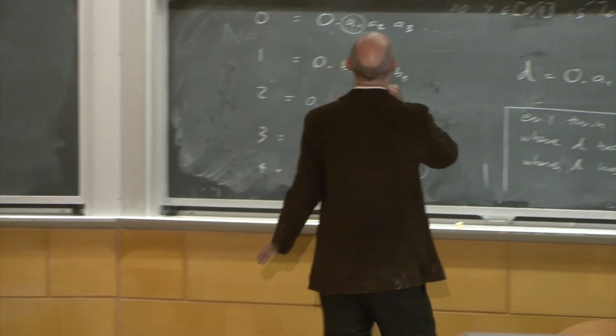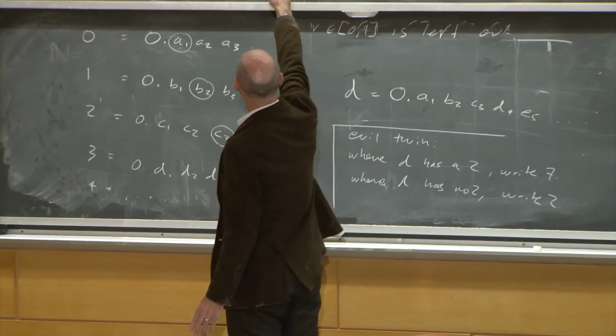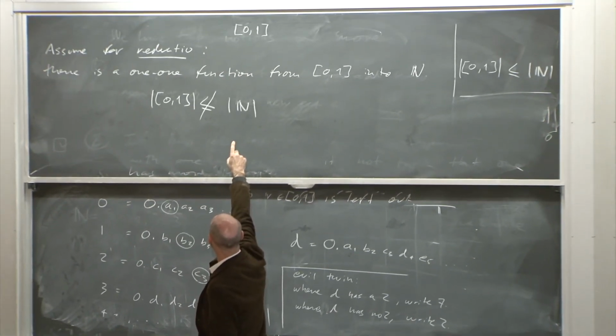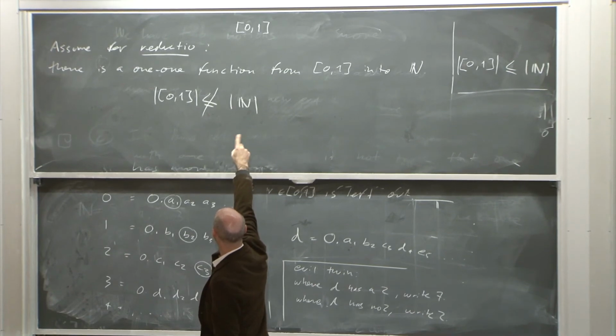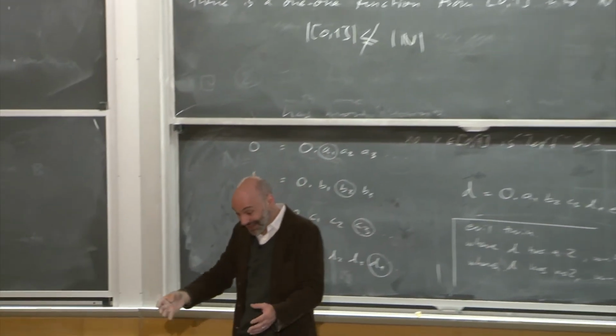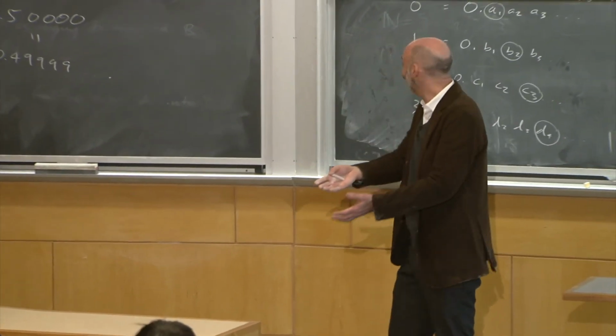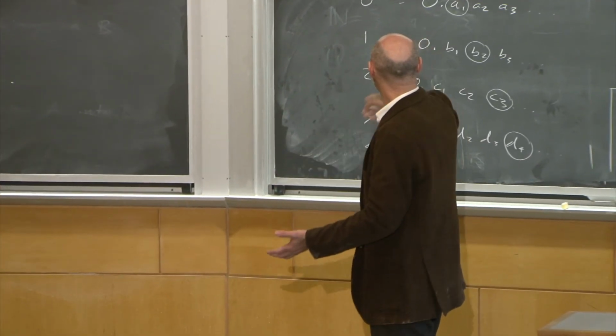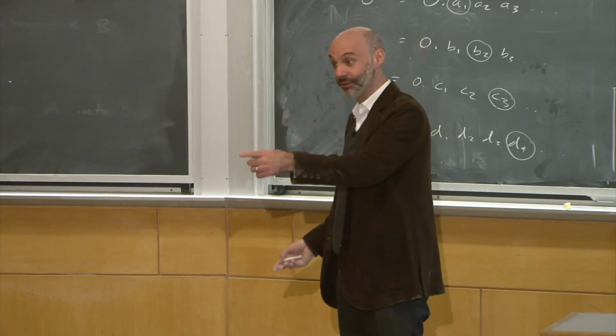You say, look, in order to prove this result, you don't need to look at all real numbers in that interval. It's enough to show that if you look at only some, you can't produce a list. And just pick them carefully so that you never get this problem. I think that's right. I think that works.